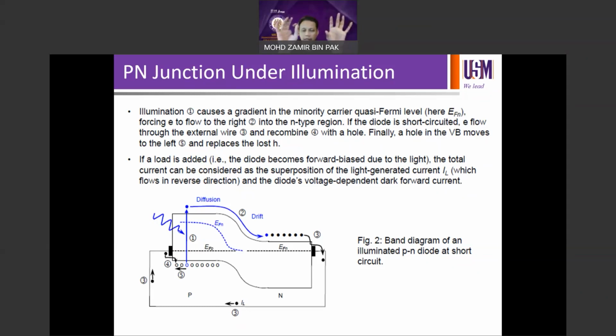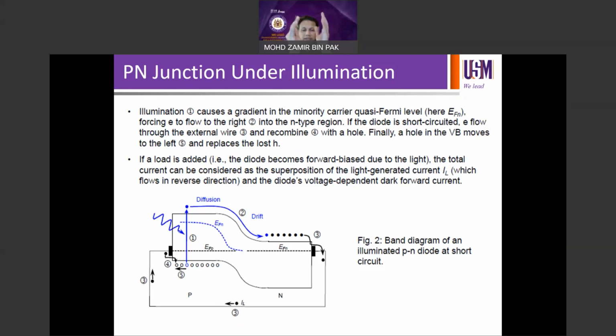On the right hand side, n-type, electrons are the majority carriers and holes the minority carriers. The moment you put them together as a p-n junction, you should expect diffusion of the majority carriers, holes into n-type, electrons into p-type, and this transport phenomenon will cause the creation of the depletion region, right?